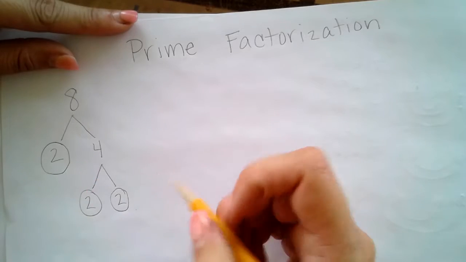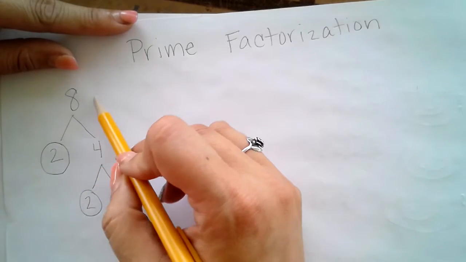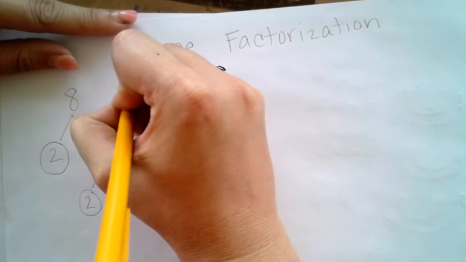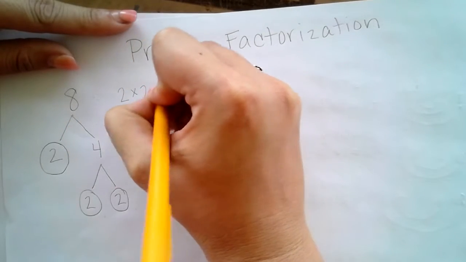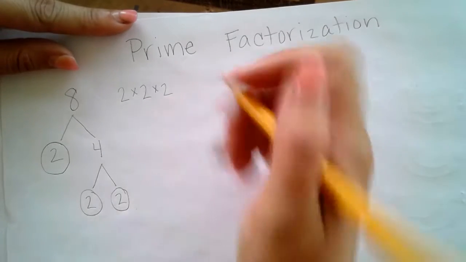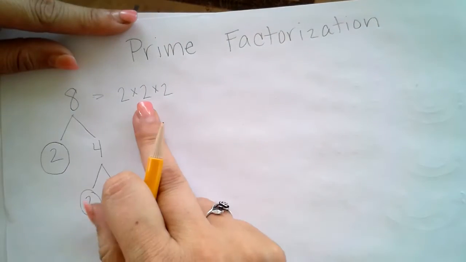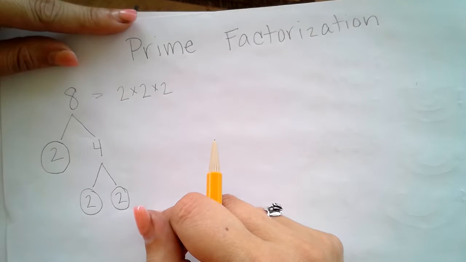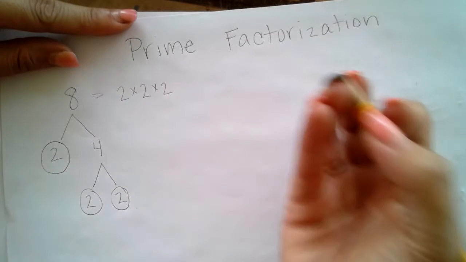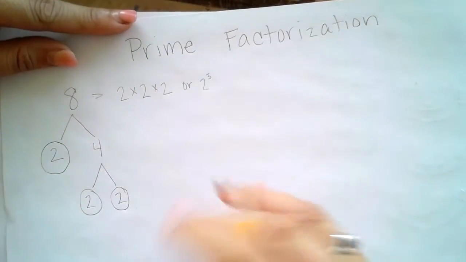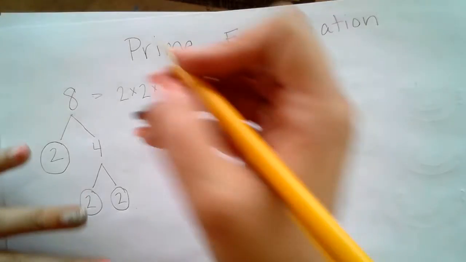So really, this number is 2 times 2 times 2, because 2 times 2 is 4, and 4 times 2 is 8. So the prime factorization is 2 times 2 times 2. Okay? Or, if we're talking 6th grade level, 2 to the 3rd power. And we'll talk about that a little later when we get there.